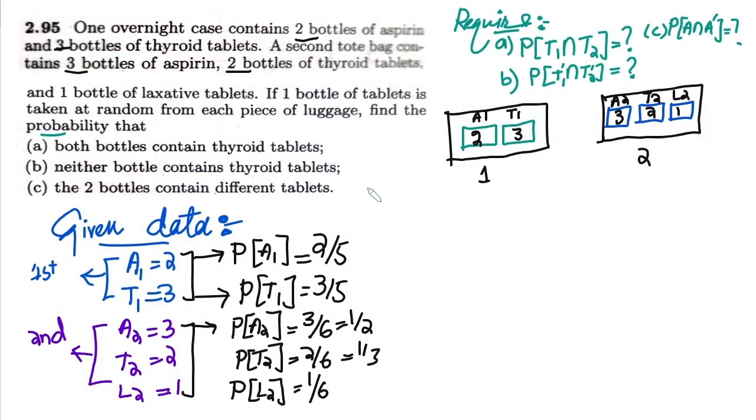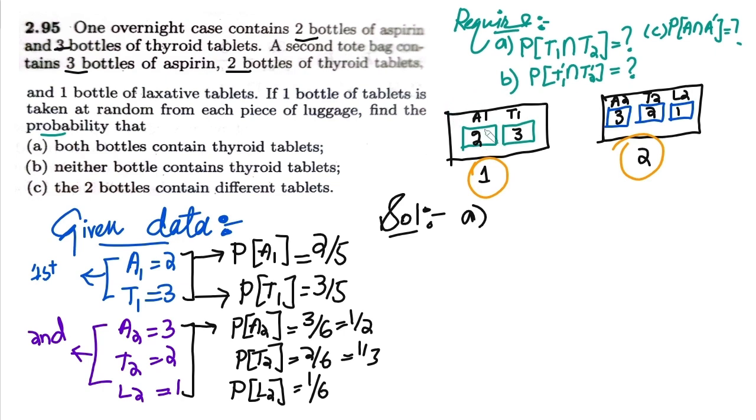Now in order to solve them, let me solve part A first. Okay, so in order to find the probability of T1 and T2, what do we have to find here? As we can very clearly see, these two events are basically independent of each other. Okay, so this is for the first bag, this is the second bag.